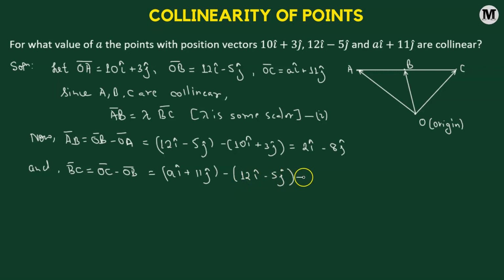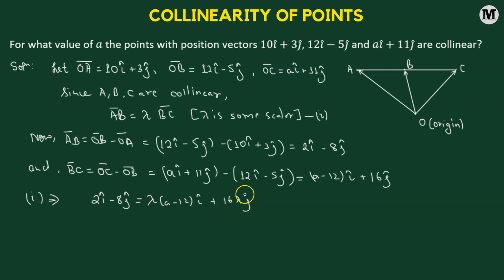So this will be equal to A minus 12 i cap plus 11 minus negative 5, so we have 16j cap. Now we can use the values of AB vector and BC vector. So equation number 1 will be 2i cap minus 8j cap equals lambda times A minus 12 i cap plus 16 lambda j cap.